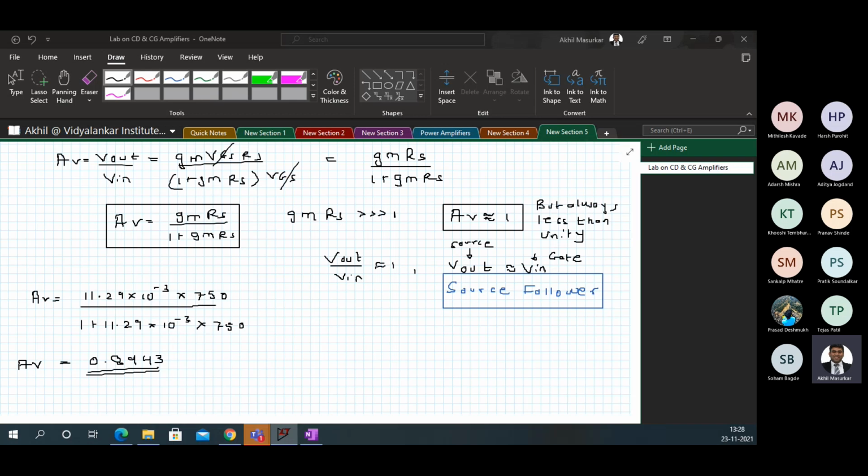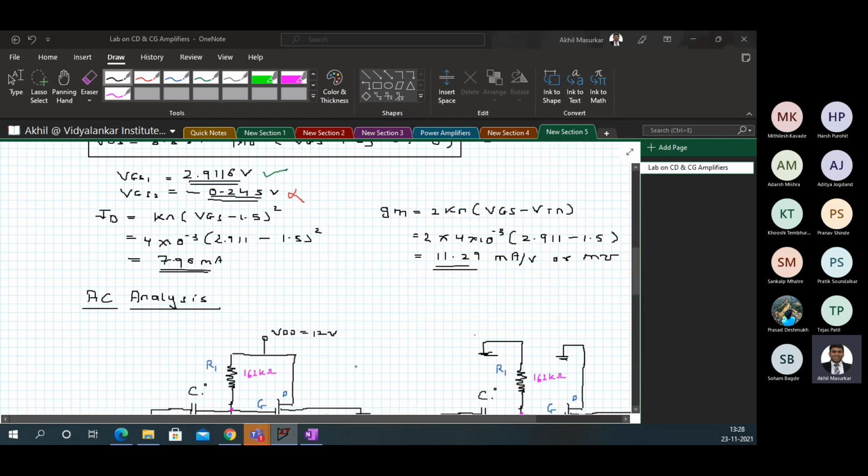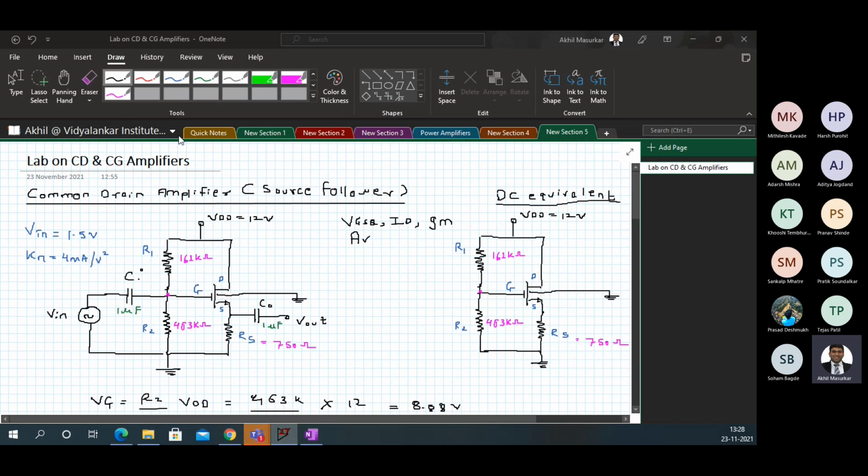So let us now simulate this particular circuit. Let's take a review of this.